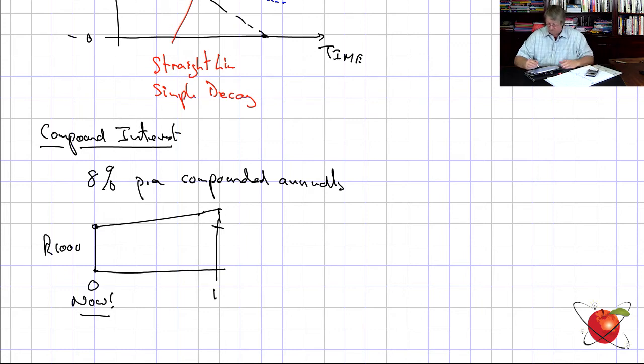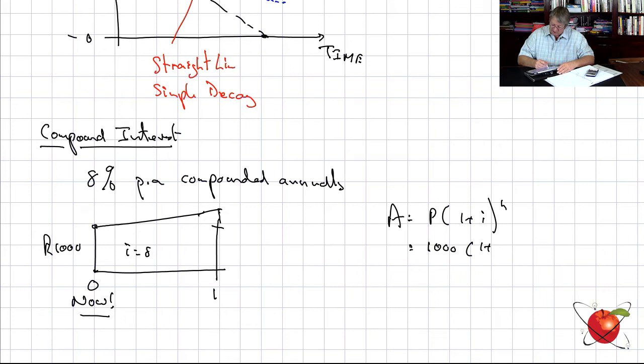Well, first of all, we said amount is equal to P(1 + i)^n, which is going to be equal to 1,000 times (1 + i), where i is 8% per annum, so 0.08, to the power of 1.